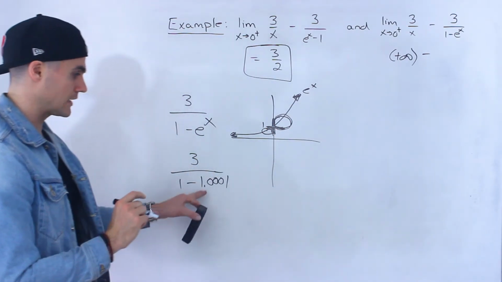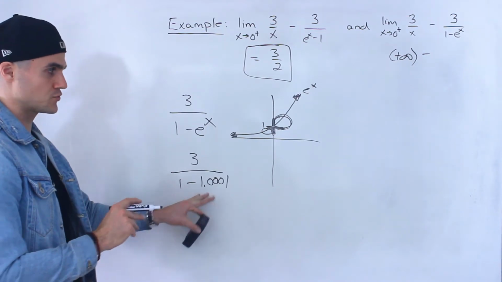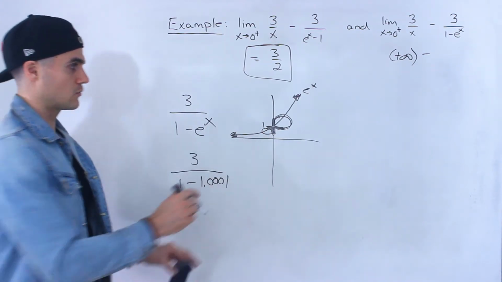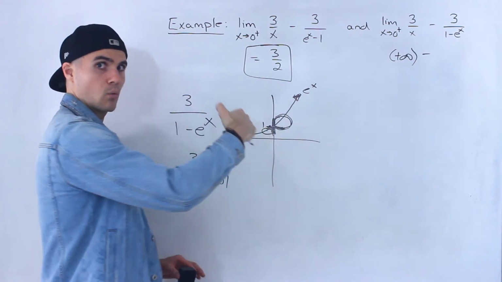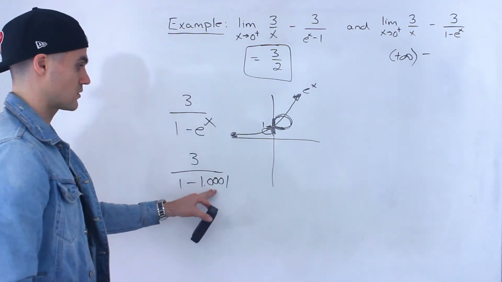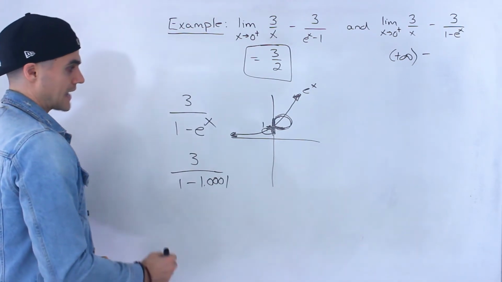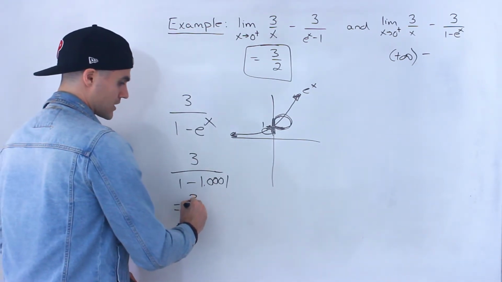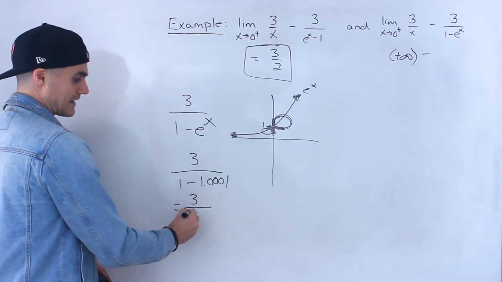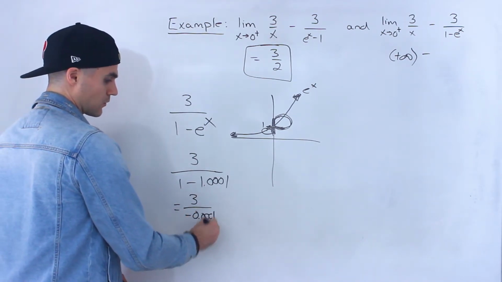So it'd be like 0.99 down here, which would change everything. But we're approaching this y value of 1 from the top, so it's 1.0001 here. So what's going to happen is we're going to have 3 over negative 0.0001.